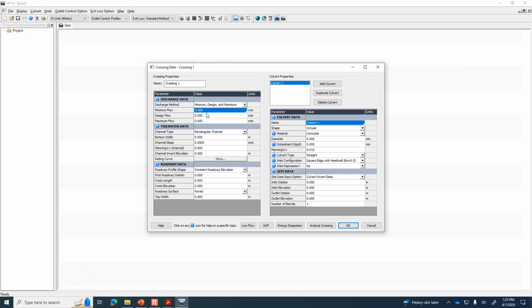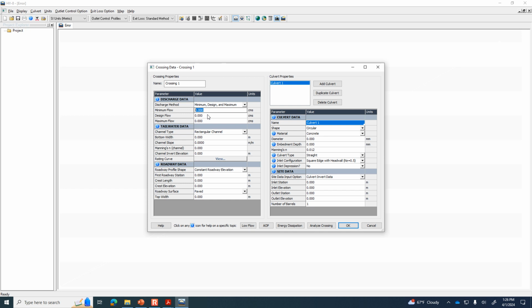Okay, so the minimum flow we're going to look at for this analysis is 0 cubic meters per second. Sometimes if we want to zoom in and understand with more precision what's happening in a non-zero range, we'll set the minimum flow to more than 0.